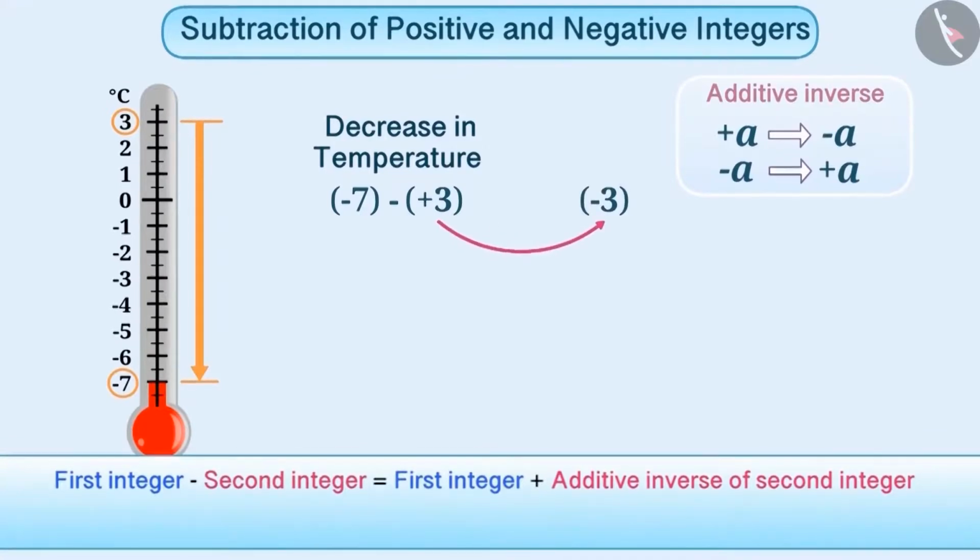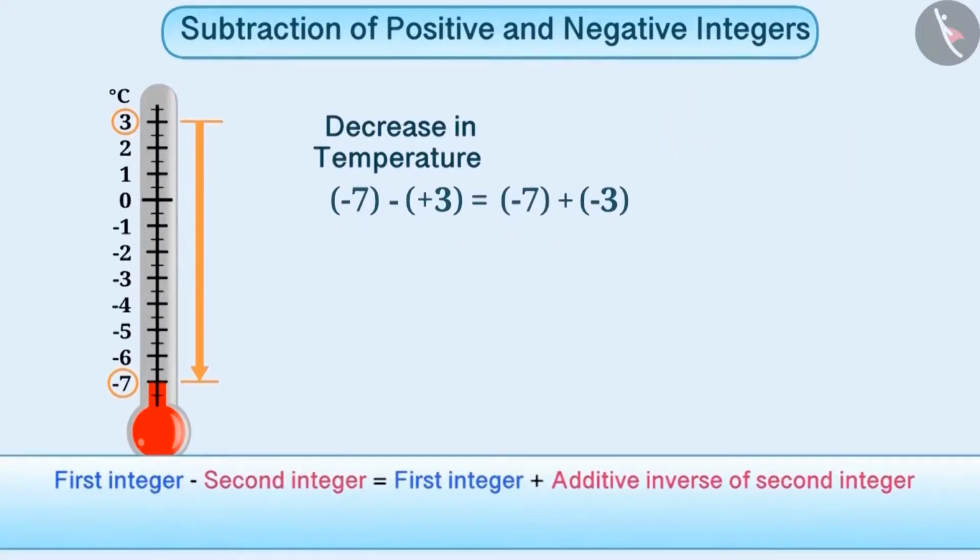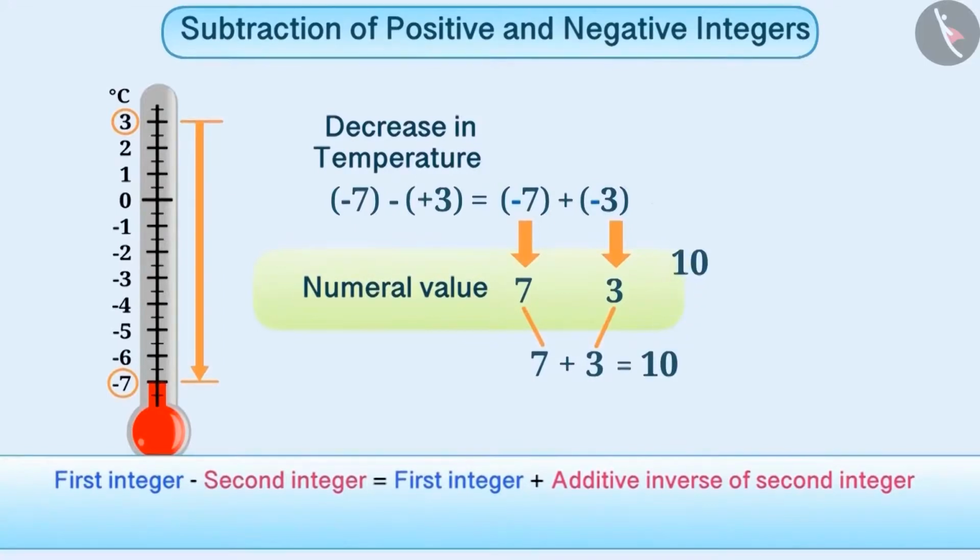Then, we will add this to -7. As you can see, the sign is the same in both -7 and -3. Therefore, we will add the numeral values of these numbers. And we will put the sign of these numbers, that is minus sign, with the result. Thus, the result obtained is -10.